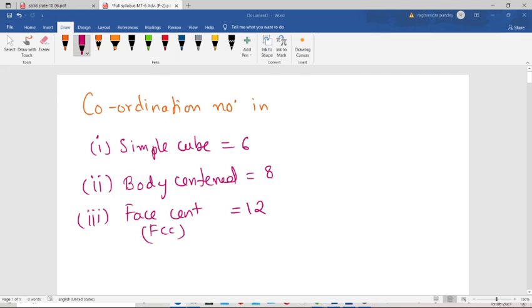Now find the packing fraction of this system, of this cube. Packing fraction I told you so many times.